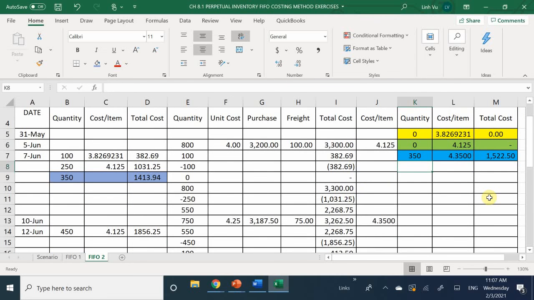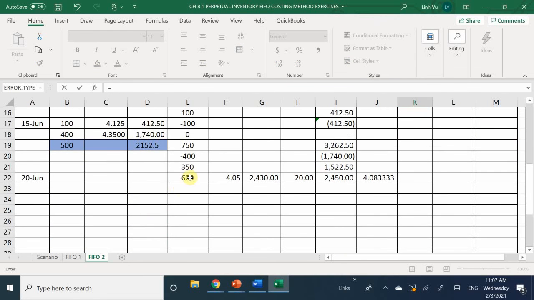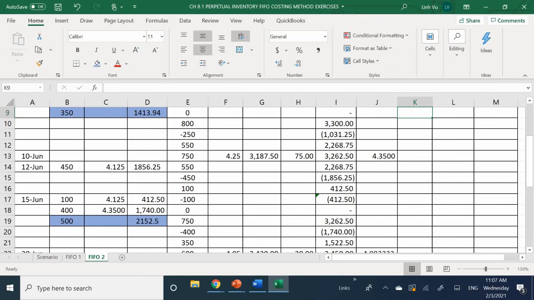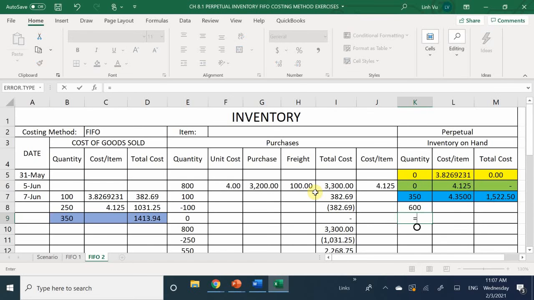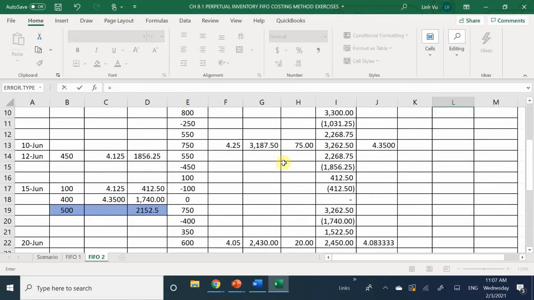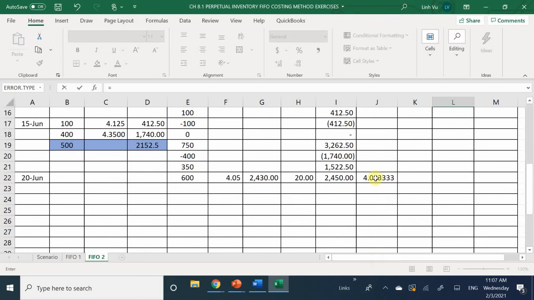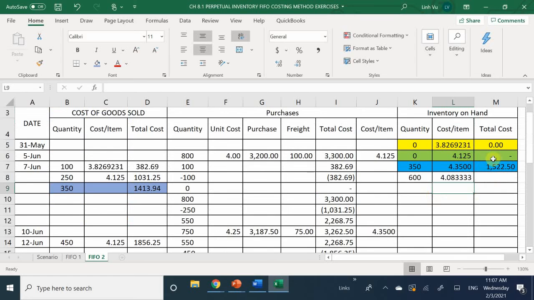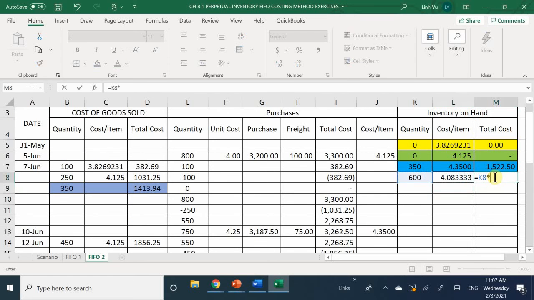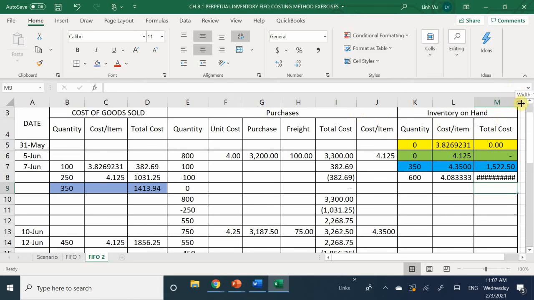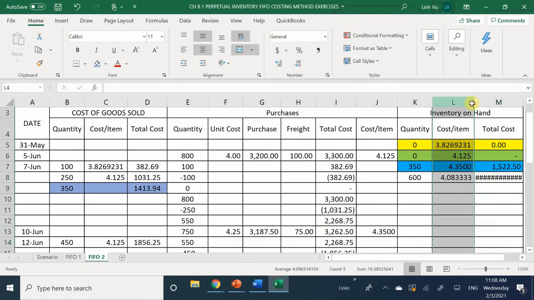Again, I'm going to pull this information over here. And this one is going to be, oh, nope, not that one. It's going to be for the 4.0833. We multiply this across, it should give you your total of... Oh, okay, hold on.